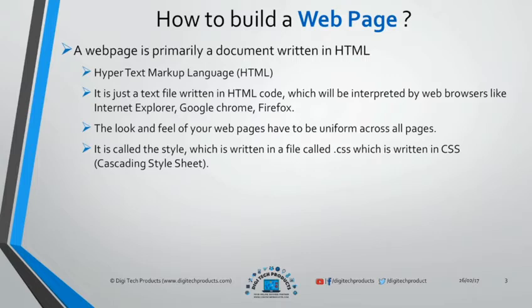We are all familiar with using a Word document. In Word, normally we have headings, paragraphs, heading 1, 2, 3, and then alignments in the center, at the top, at the middle, and such formatting is what we call cascading. That is what we call CSS.